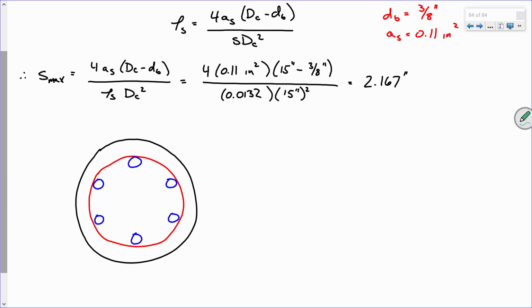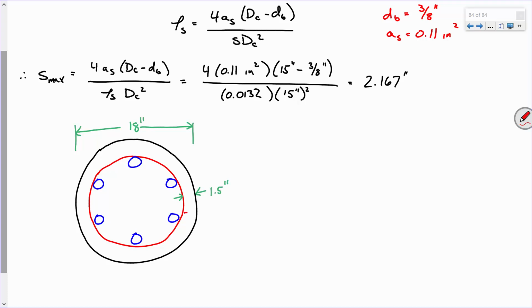Okay. So we have a column that is 18 inches in diameter. We have a cover distance of 1.5 inches.